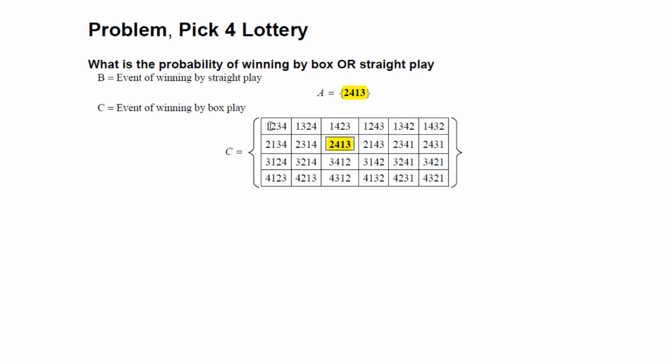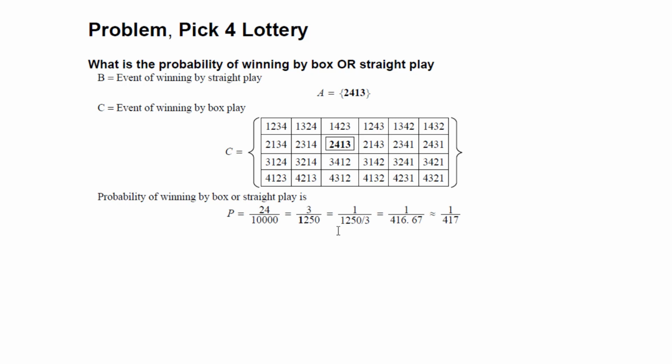We have 24, and there is 1 mutual element, so this element is not going to be counted twice. So we have virtually 24 elements. So the probability is 24 divided by 10,000, which is 1 out of 417. So our odds are 1 in 417 trials.